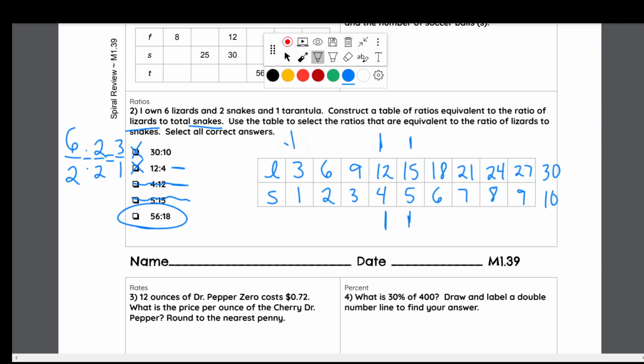The ratio here is 3 to 1. If I can divide 56 by 18 and have the quotient be 3, then this ratio here would be equivalent to the 3 to 1 ratio. So 18 times 3 is 54. So this last one here is not going to work.